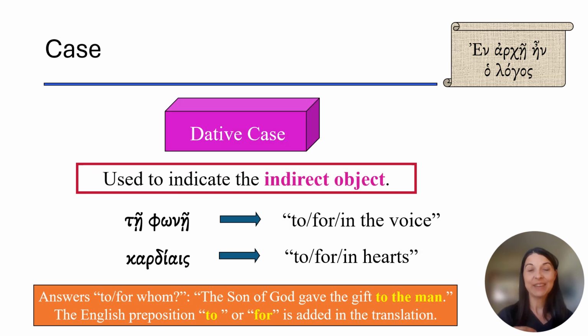When you use the dative case, you're going to be adding the word to or for. And I remember that by shortening dative to dat, D-A-T, when I'm writing out my paradigms. And I remember dat starts with T-O, starts with to. So dative adds a to or a for as the indirect object. So te phone and cardies, to or for the voice, to or for hearts.